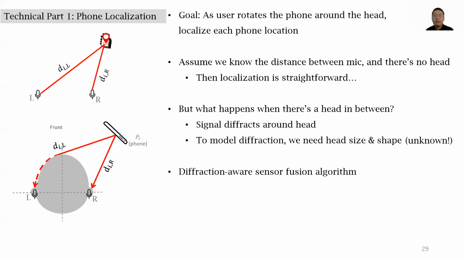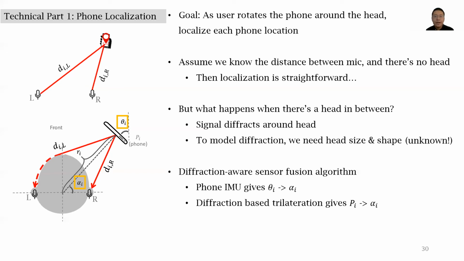We propose a diffraction-aware sensor fusion algorithm. And the idea is the following. We ask the user to face the phone towards the center of the head. This means the IMU-measured angle theta I can actually translate to the phone polar angle alpha I. And if we also model diffraction-based trilateration, then we can localize the phone location as PI, and PI can also give us a polar angle alpha I measurement.